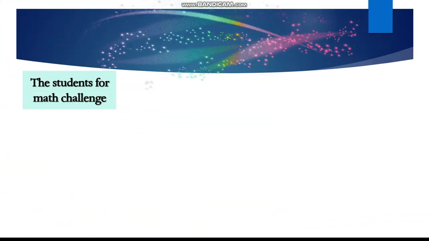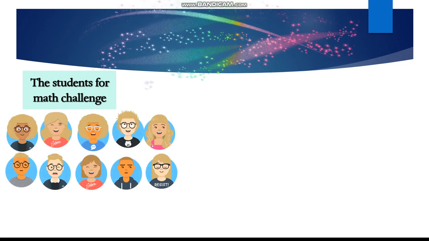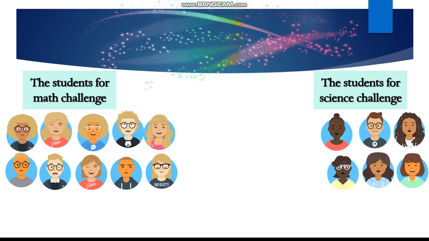The students for the math challenge have, yes, blonde hair. And the students for the science challenge have, yes, brown hair. What can we say about the probability of being chosen for the math challenge? Yes, there are 10 students and one will be chosen from there.